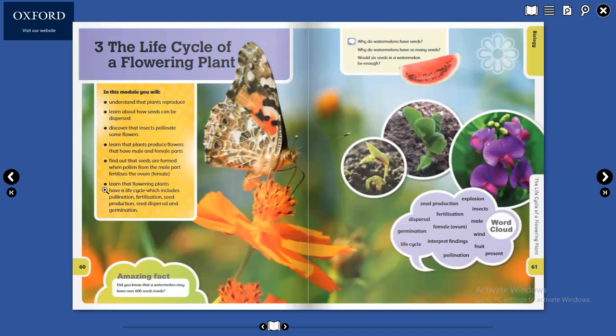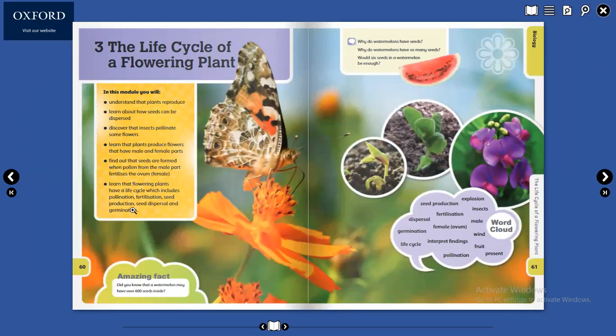Last one, learn that flowering plants have a life cycle which includes pollination, fertilization, seed production, seed dispersal, and germination. These are the life processes. This is the life cycle or processes of a flowering plant.